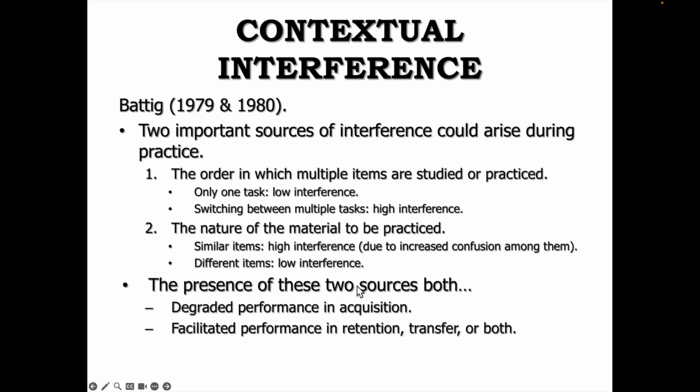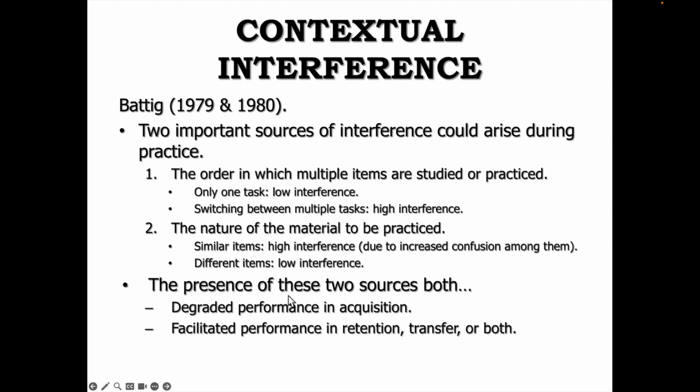So the presence of these two sources, the order and the nature of the material being practiced, both degrade performance and acquisition. The second task would probably be hurt in performance and learning, and learning both tasks would probably be hurt in general.